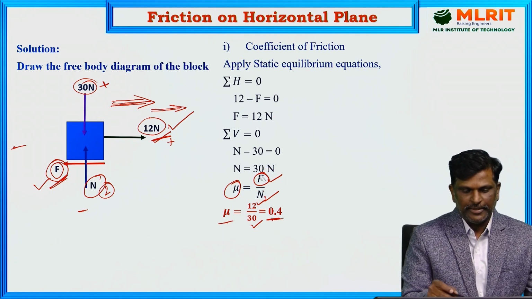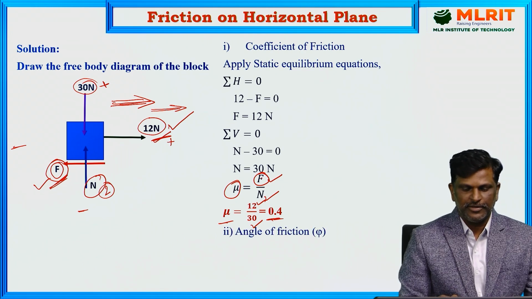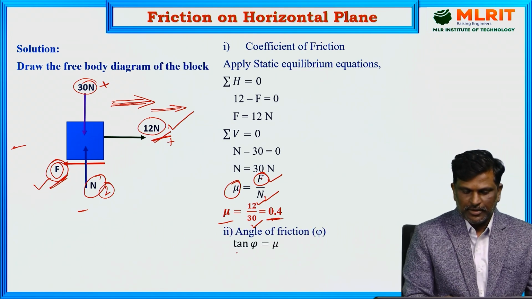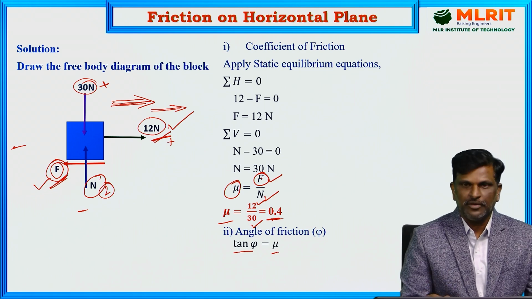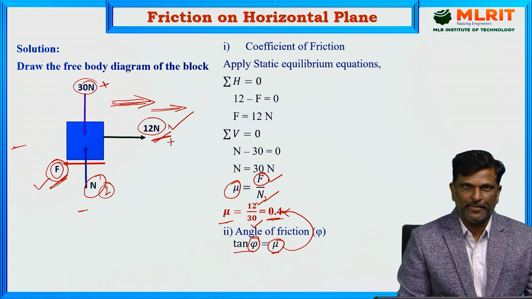Now, find the angle of friction. The angle of friction phi is given by tan phi is equal to mu, where mu is the coefficient of friction. So, substituting the coefficient of friction value, we can find the value of phi.